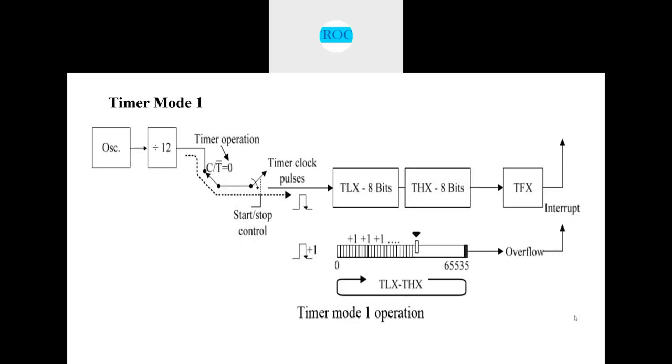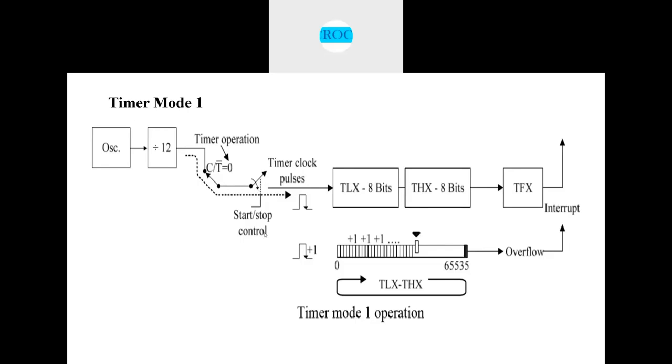We'll understand the operation of the timer operating in mode 1. We know that if the C/T bit is 0, the clock source is the internal clock source, the crystal frequency of the 8051 microcontroller that is connected here.